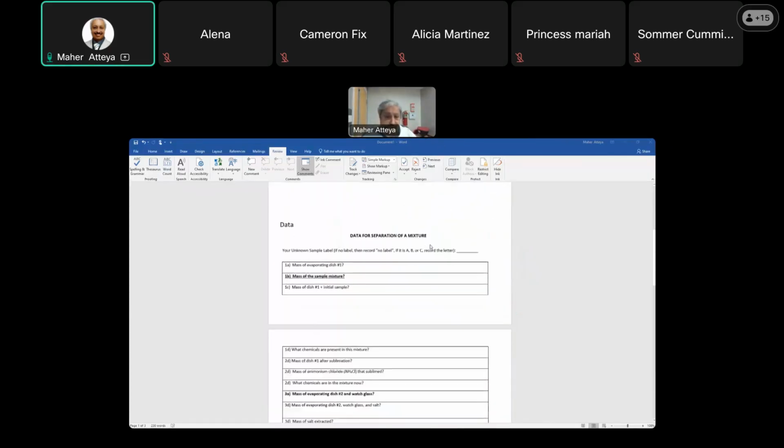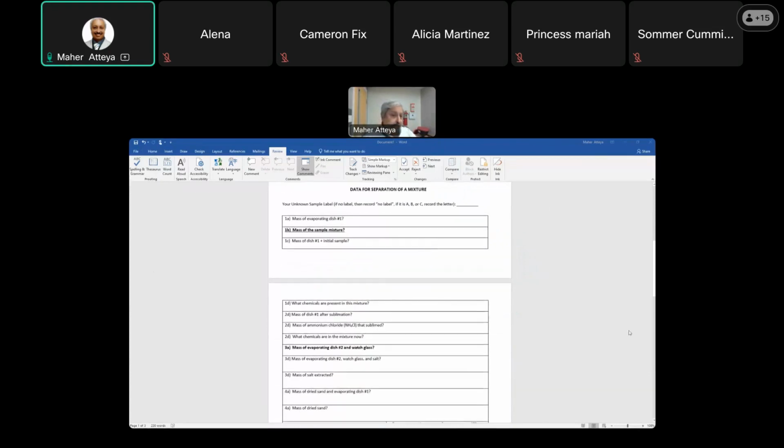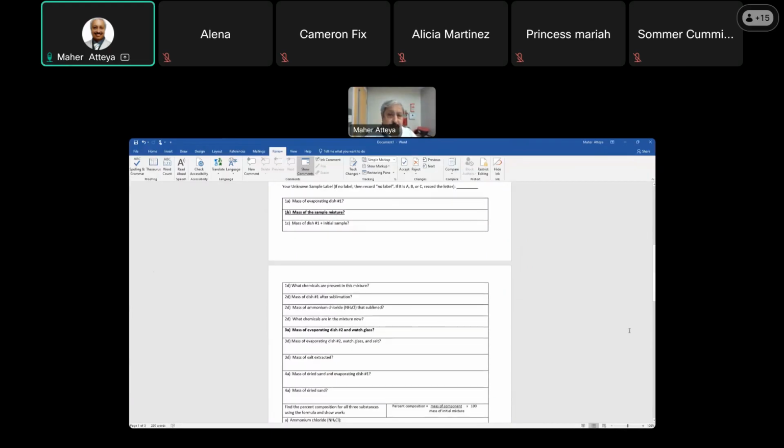And if I go down here, I hope I can go down, it should be here. So here it is. If you look here, this is the mass of the evaporating dish by itself, correct? That's what I say. This is the mass of the sample.